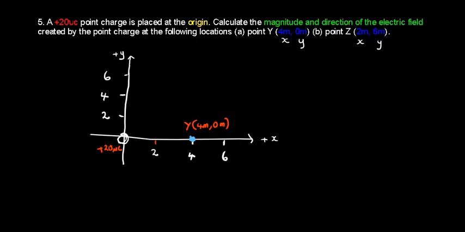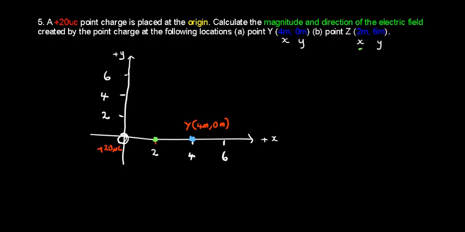Okay, let's locate our point Z. Our point Z will be where the X value is 2 meter. Let's use another color. Here, this X is 2 meter, while the Y is 6 meters.